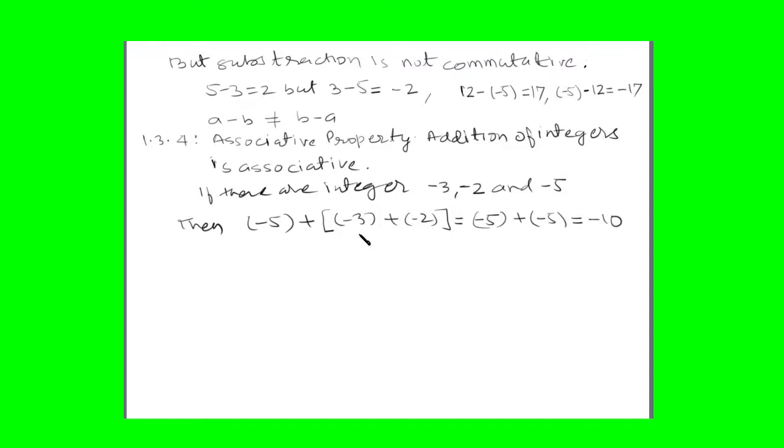Now we change the position of the bracket. Minus 5 plus minus 3 we put in one bracket, and then minus 2, and on solving again we get minus 8 plus minus 2 equal to minus 10.